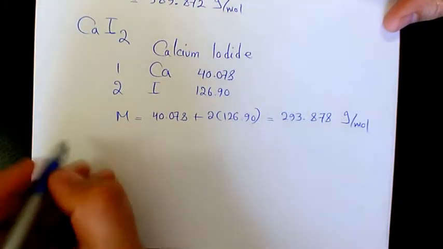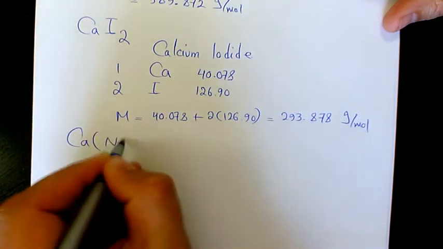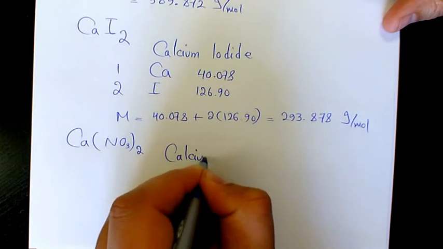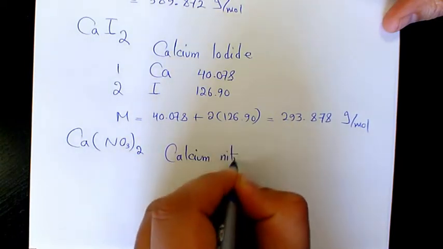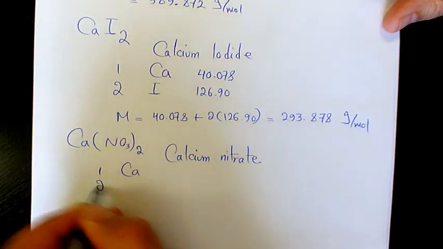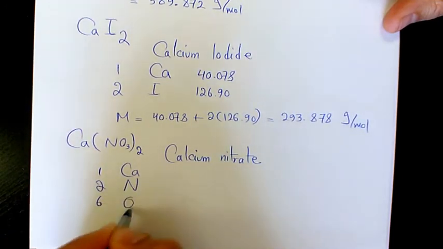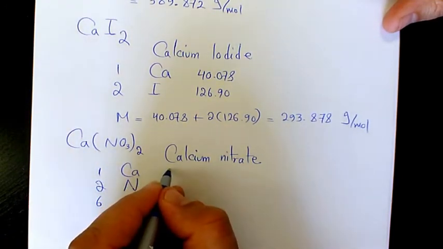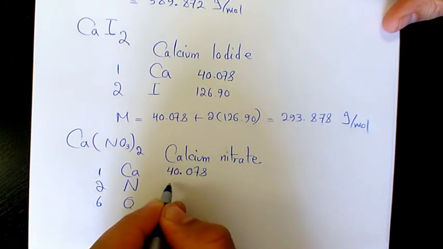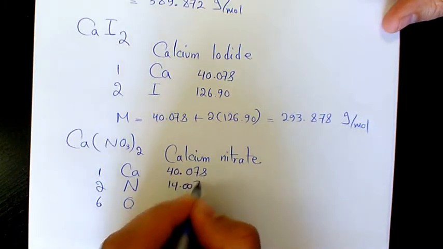Next one is calcium nitrate. So we have 1 atom of calcium, 2 atoms of nitrogen, 6 atoms of oxygen. So calcium is 40.078 and nitrogen is 14.007.